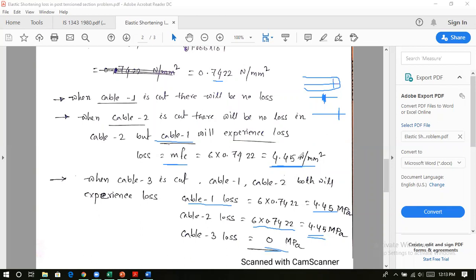Okay. Now, one thing you have to notice is that cable 1 experiences losses twice, during the cutting of the second tendon and during the cutting of the third tendon, and the second tendon only experiences loss due to elastic shortening during the cutting of the third tendon. So when we are calculating the final stresses, we have to keep this in mind.